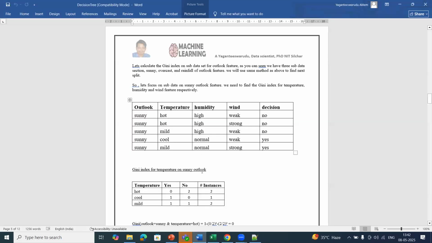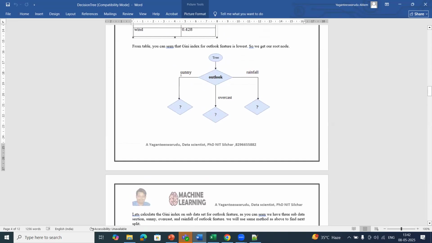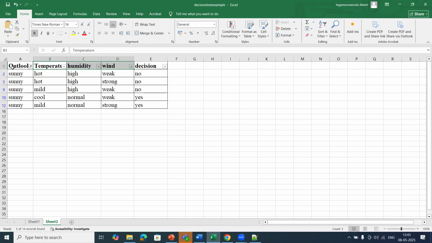Here, if you see, I know Outlook is sunny. But here I placed a question mark because I don't know whether that may be temperature or humidity or wind. I need to do the same calculation. Now filter out the records which are Outlook equal to sunny, and the same Gini index calculation I need to do for these three features: temperature, humidity, and wind.